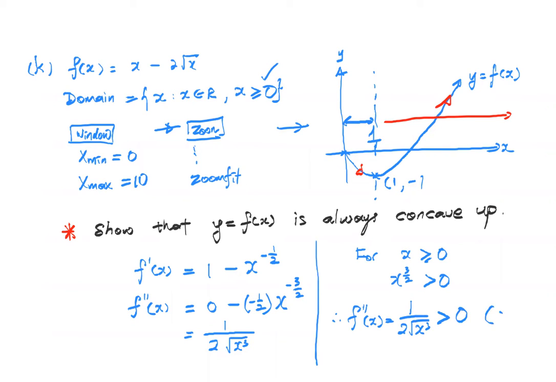So you show. So you say the value of f double prime x is always greater than 0. Therefore, the curve is always concave up. That is how you show. Are you okay? So bear in mind, in your exam, I can ask you to do question like that. Okay?